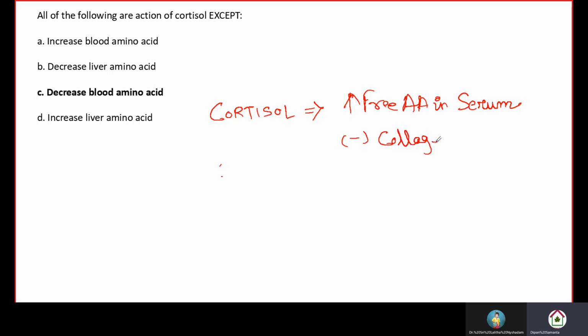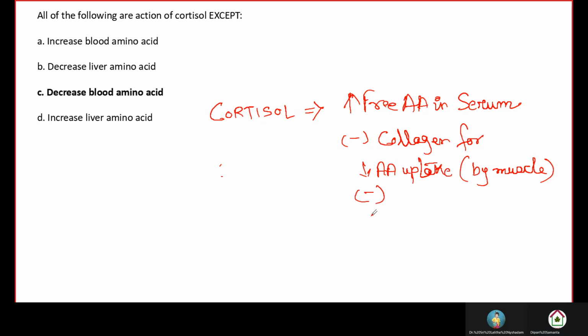Then it decreases amino acid uptake by muscle and inhibits protein synthesis.